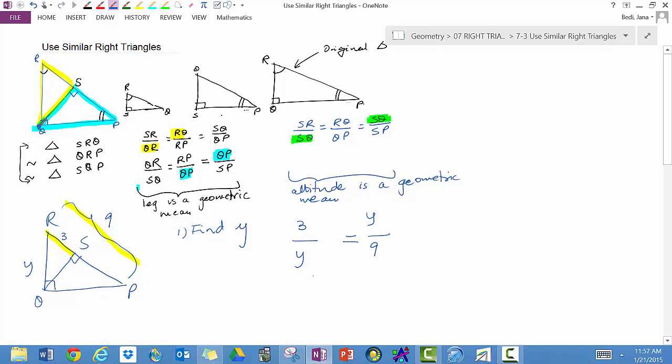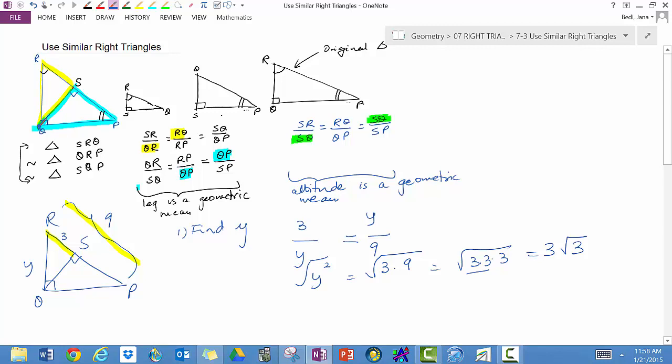So when you cross multiply, you get Y squared equals 3 times 9. Take the square root, and you get the square root of 3 times 3 times 3. Remember, for each pair, one comes out of the radical, so the answer is 3 root 3.